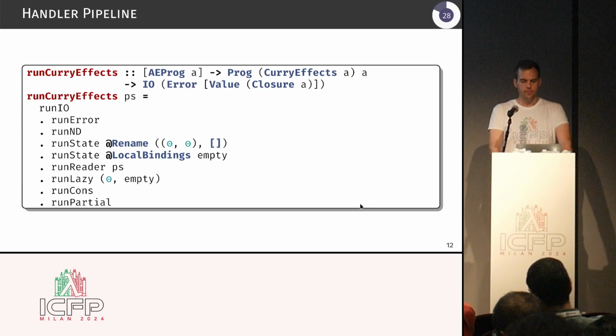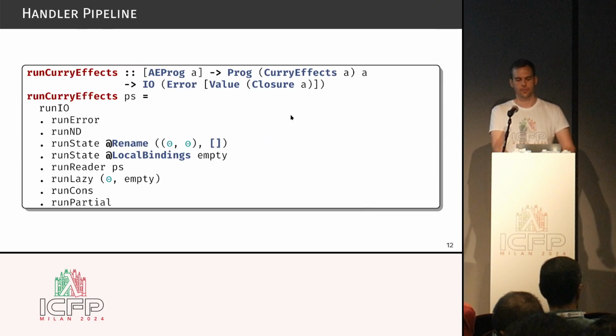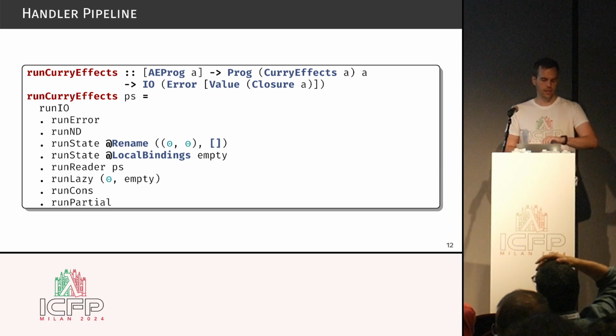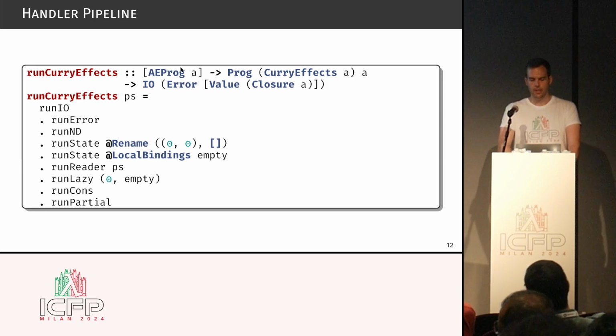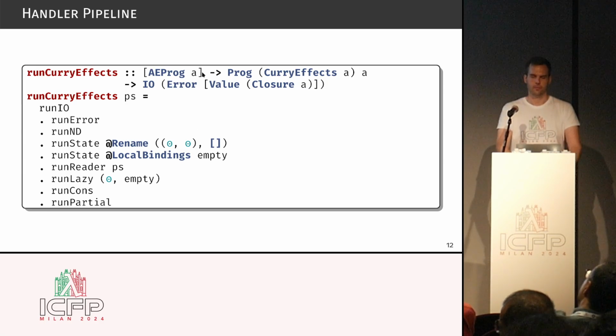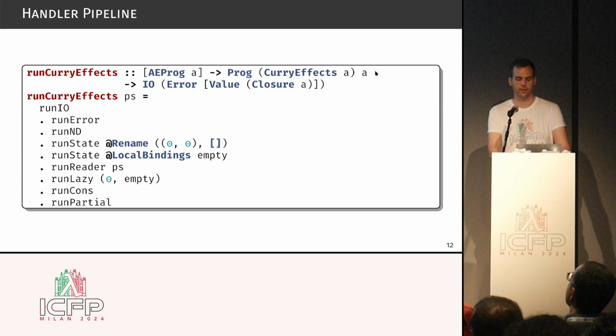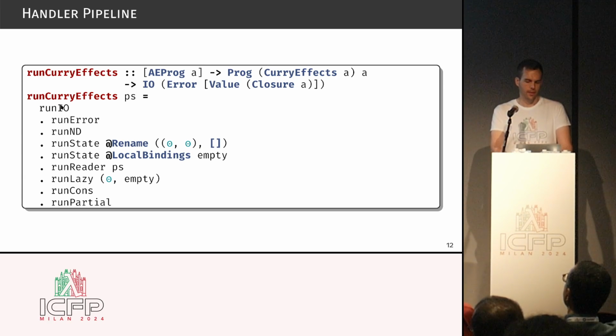With all those handlers, I'm also showing the handling pipeline in actual Haskell code. What we can see here is that we're taking a list of programs in, and this proc is, well, the name expression would be more accurate, I think. But to handle that, we're basically running all those handlers in sequence.